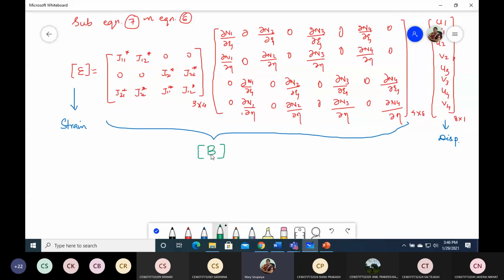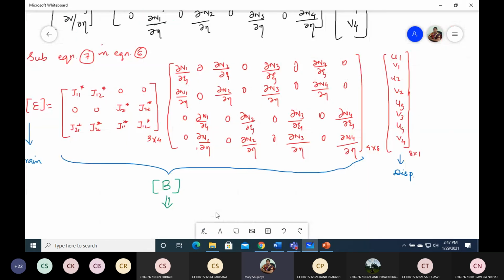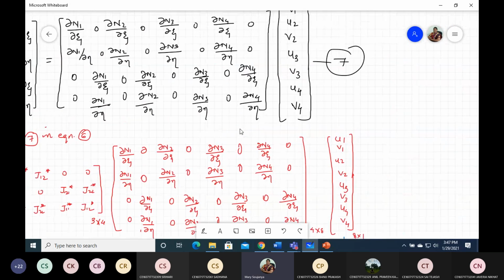Relative... Constitutive matrix is D. I'm asking you strain to displacement. Strain displacement matrix B. Do not forget. So our strain displacement matrix, let us take this as, what was the previous equation number we have taken? 7.